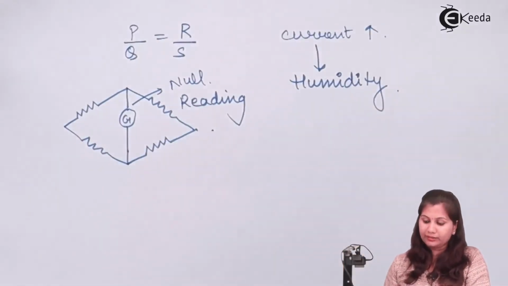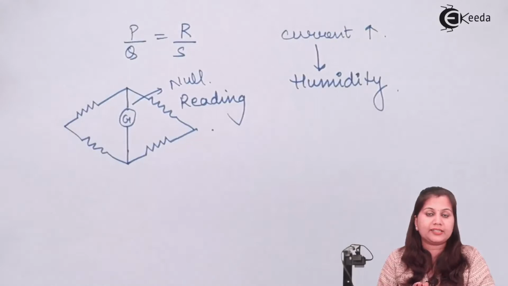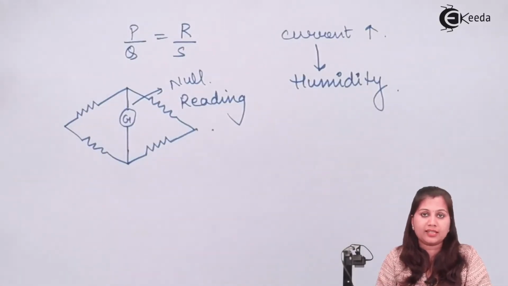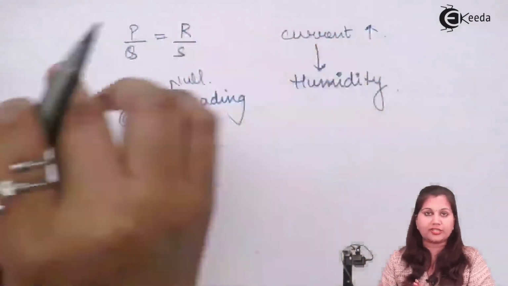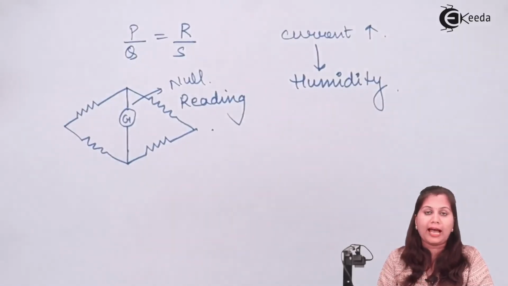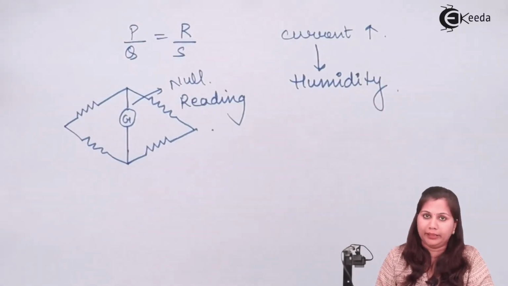So you can see that the humidity is causing the changes in the resistance. Resistance is causing the changes in the current or the voltage, and these current and voltage measurements are a measure of the humidity of the material.